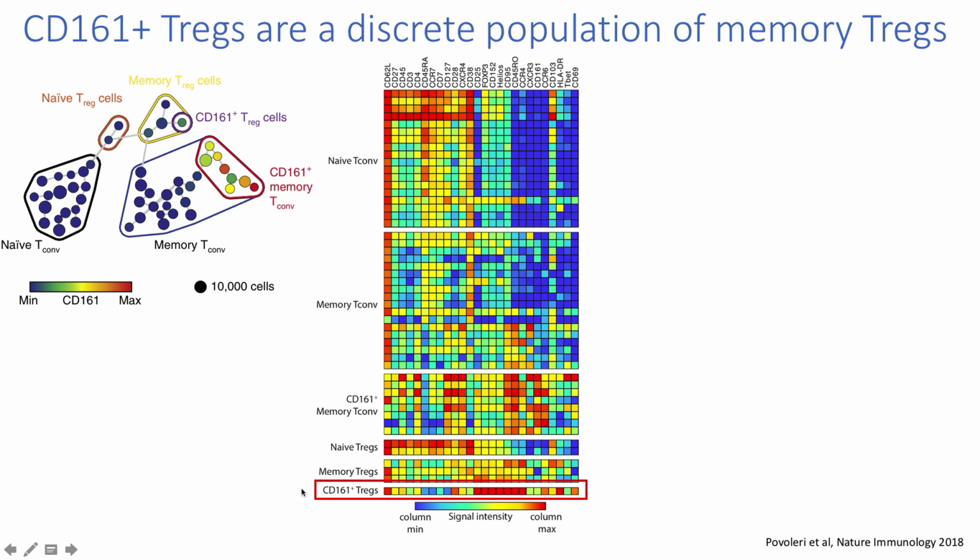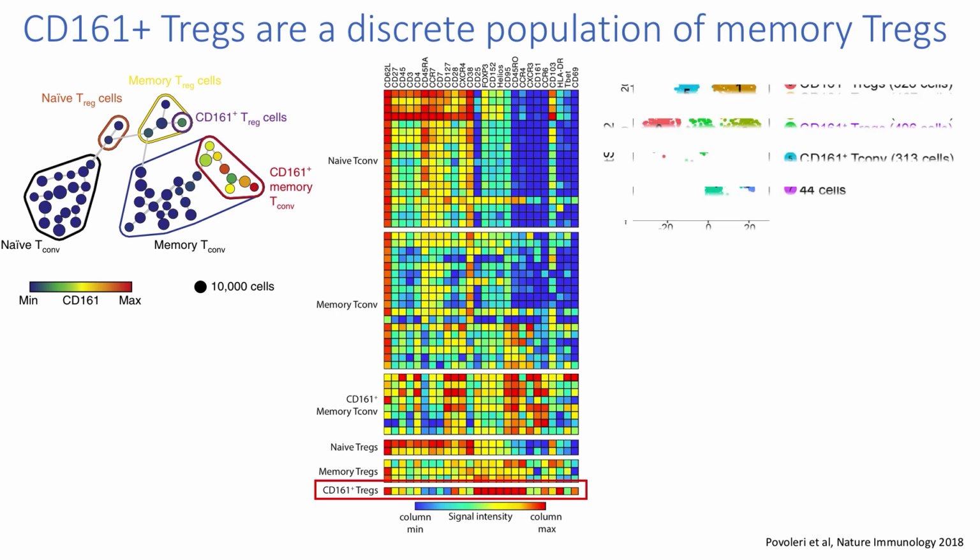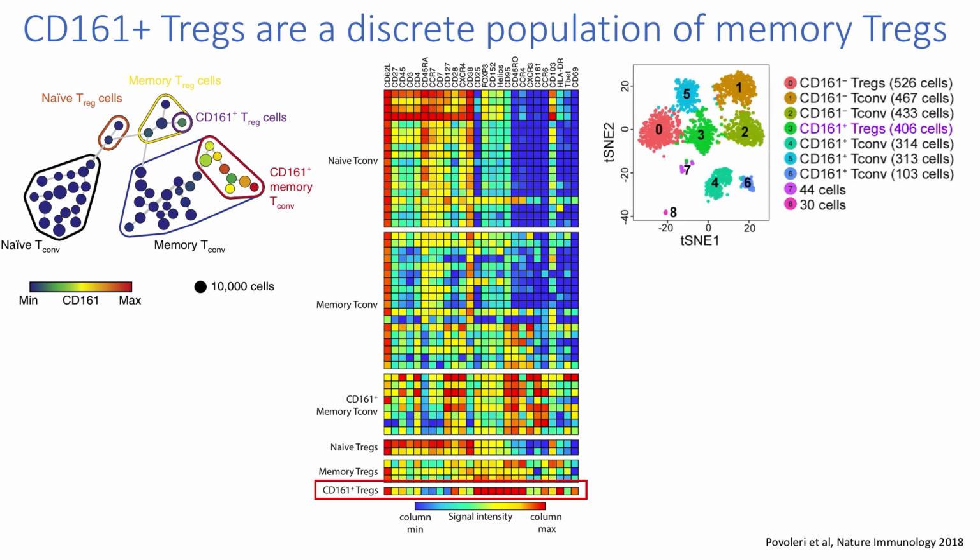However, an important question was whether this population could be composed of multiple subpopulations, and to determine whether it is particularly heterogeneous, we performed single-cell RNA-seq. What we found was a specific cluster of CD161 positive Tregs, which clusters closely to CD161 negative Tregs, but separate from the different populations of conventional T cells.